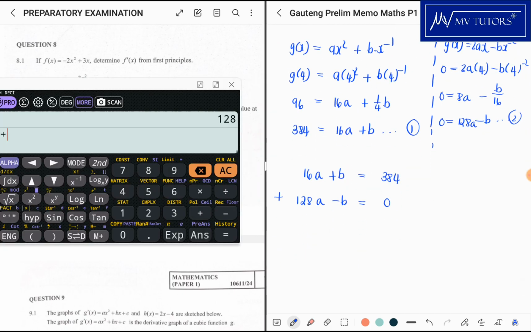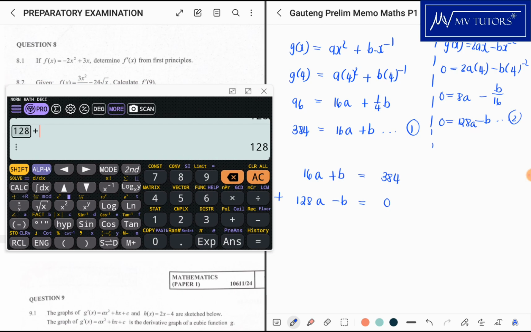So what is 128 plus 16? 144. Wait. Oh my goodness, I'm seeing my error here. I did not multiply this by 4. 16 times 4 is 64. So that should be, sorry about that, 64a. So even this should be 64a.